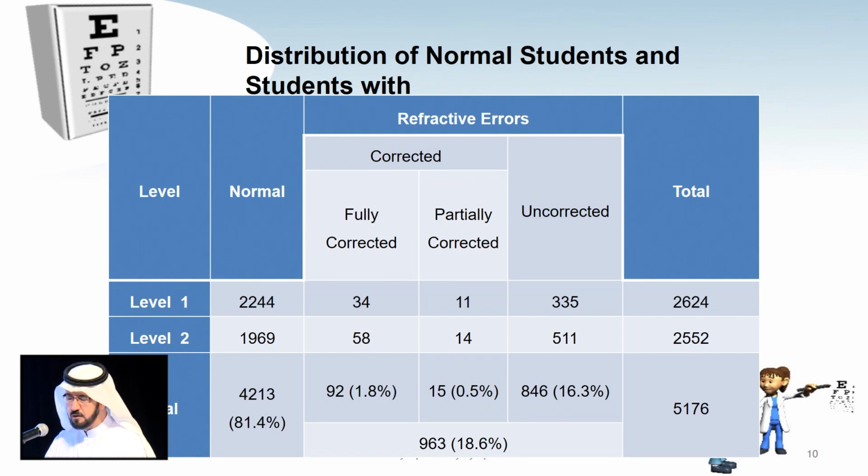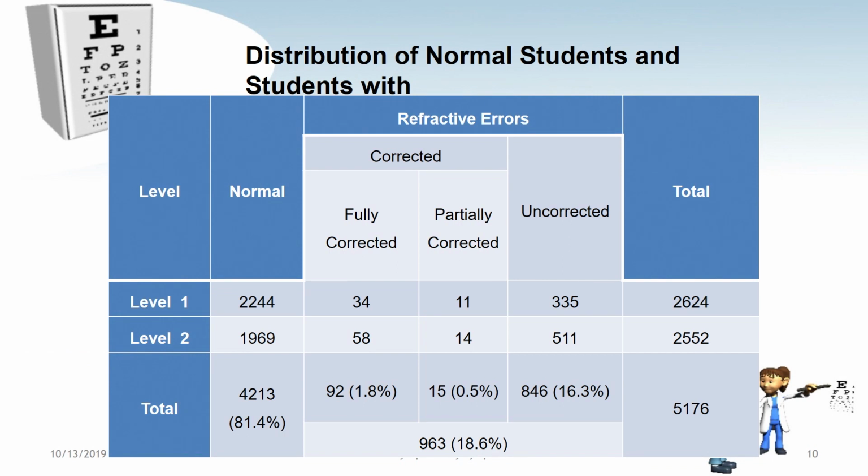Here is the distribution of the normal students and also students with refractive error. Level 1 is about 2,244, and level 2, 1,969. If you see, uncorrected refractive error was 335 in level 1, and level 2 was 511.